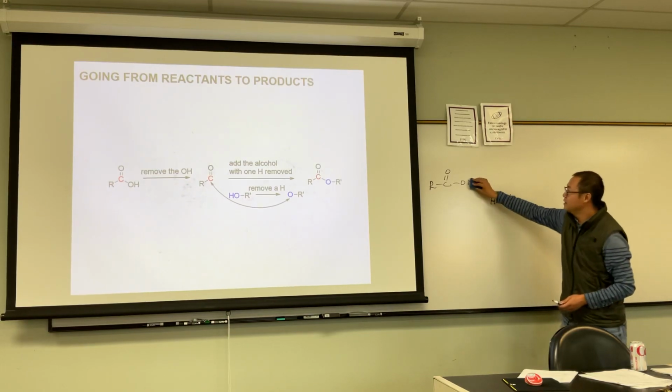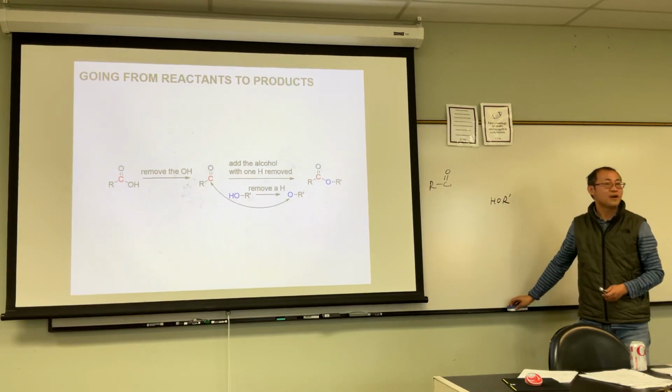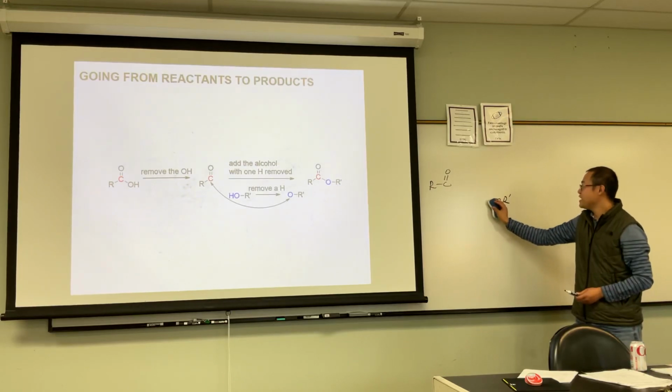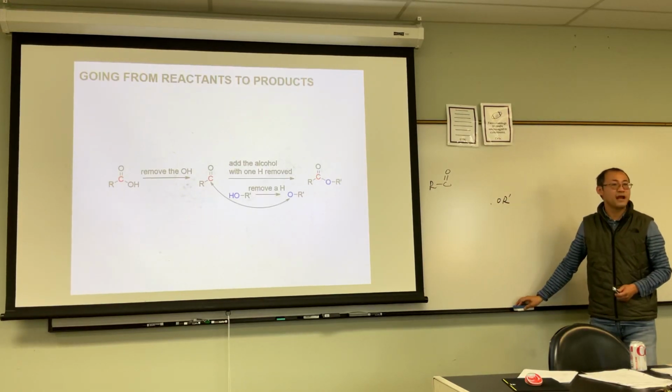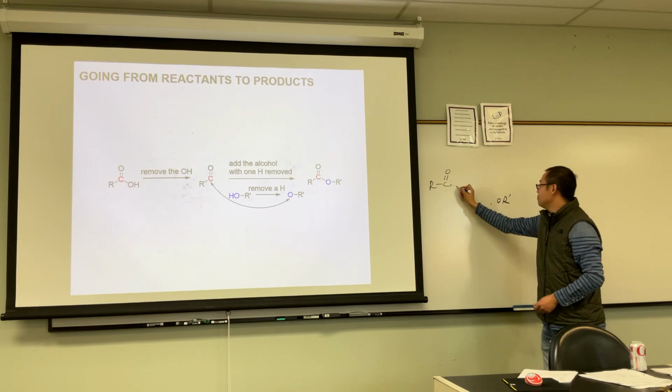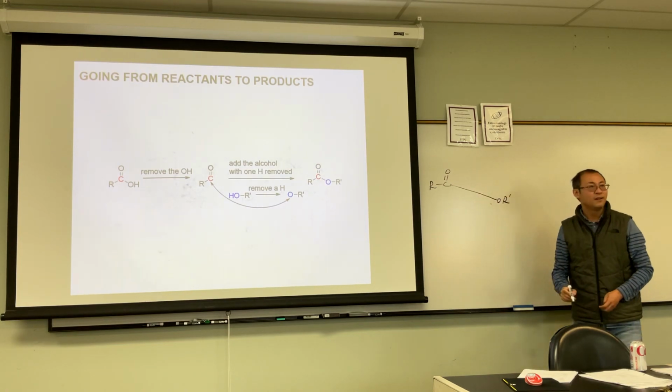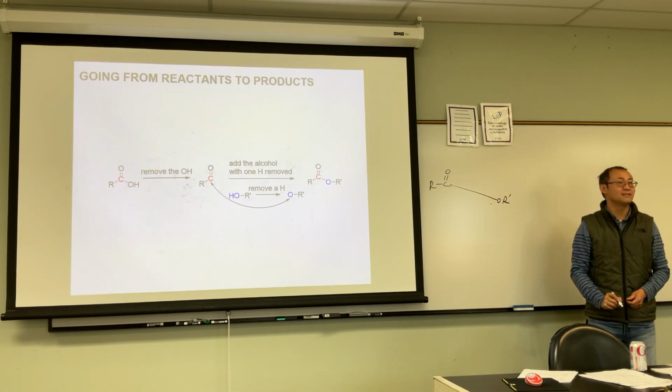Remove the OH from the acid, remove the H from the alcohol, then make the bond between the O and the C.